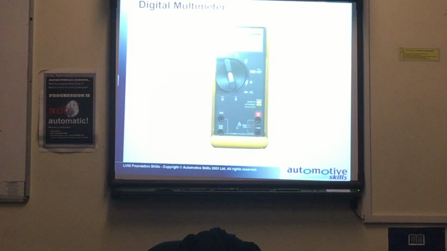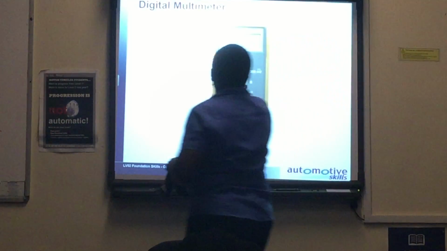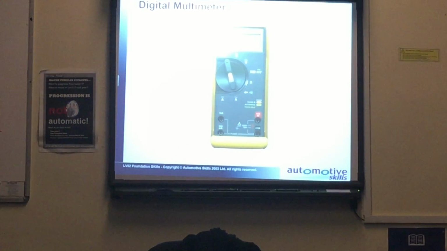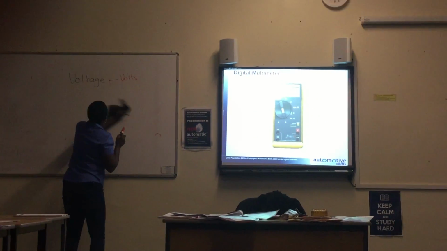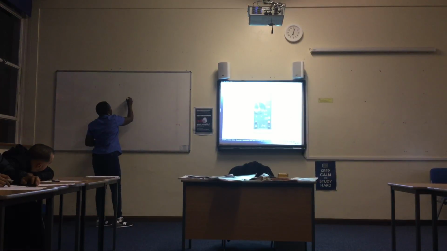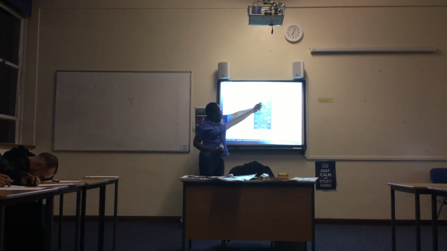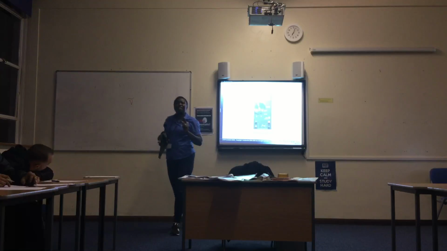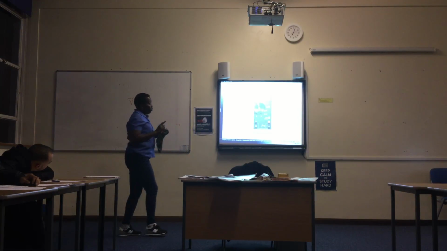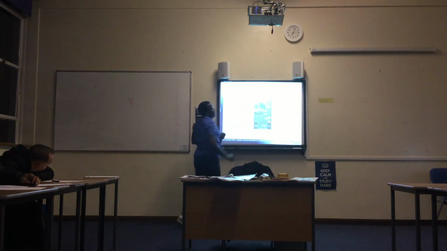Now, let's suppose this dial is indicating there. Can you see a small V with a wave at the top? The V is like this. If it is pointing to that, it means alternating voltage. So if you want to measure alternating voltage, you dial this point there.